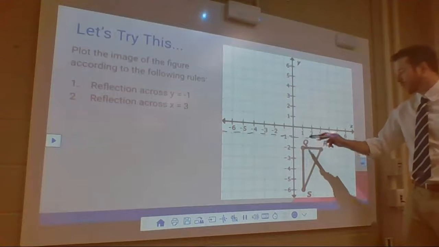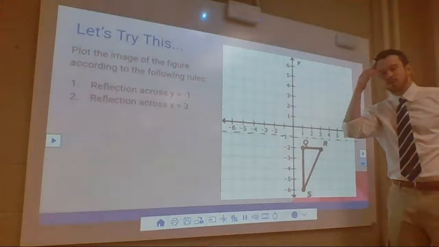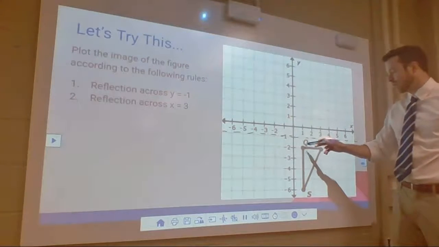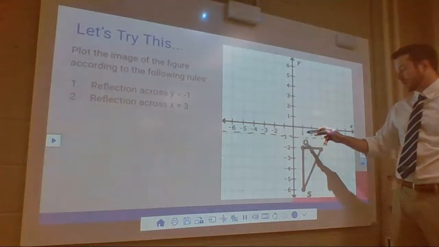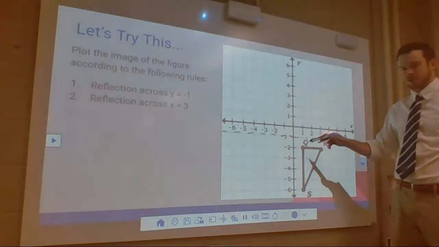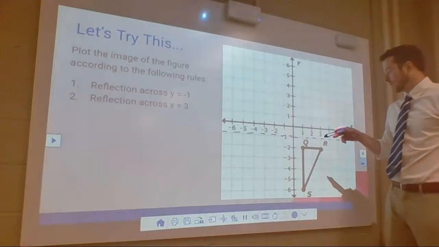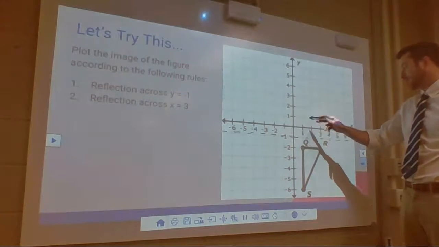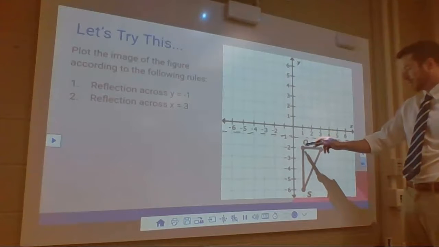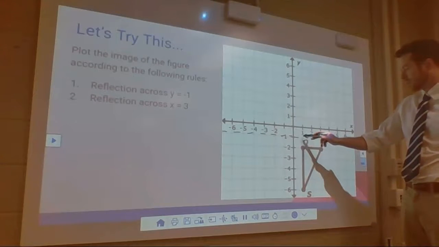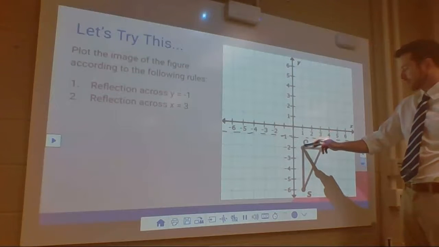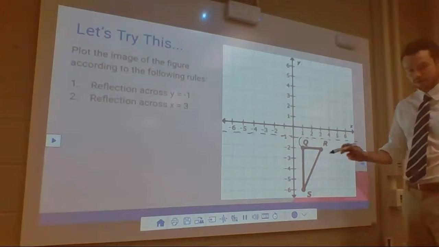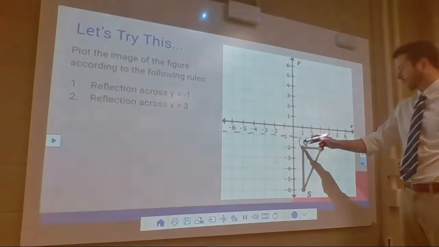And so then what I'm going to do is I'm going to remember, what do I know about reflections? Well, I know every point of the pre-image is the same distance from the line of reflection as every point of the image. So if I want to find Q prime, I'm going to look at Q, and I'm going to see that Q is exactly 1 unit away from the line of reflection.